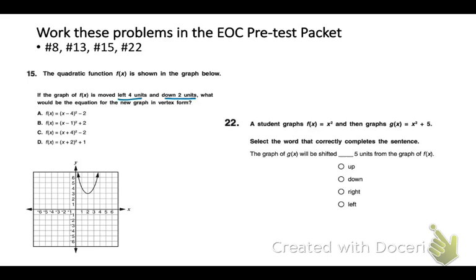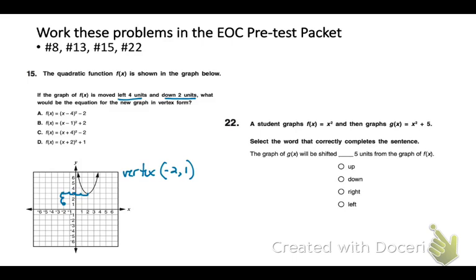Okay, now let's look at 15. The quadratic function f of x is shown in that graph. If the graph is moved left 4 units and down 2, what would be the equation of the new graph? On the graph space, let's just scoot that vertex and see what its coordinates would be. It would be at the point negative 2, 1.